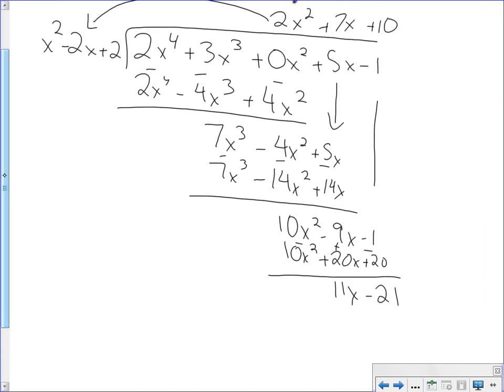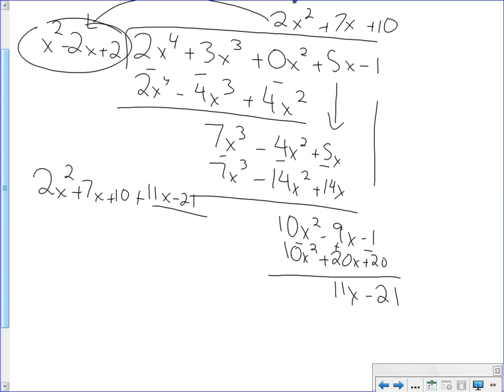Your answer to all of this messiness would be 2x squared plus 7x plus 10. Now, 11x, is it positive or negative? Positive, so I write plus 11x minus 21 over, what do we divide by? And that's your remainder.